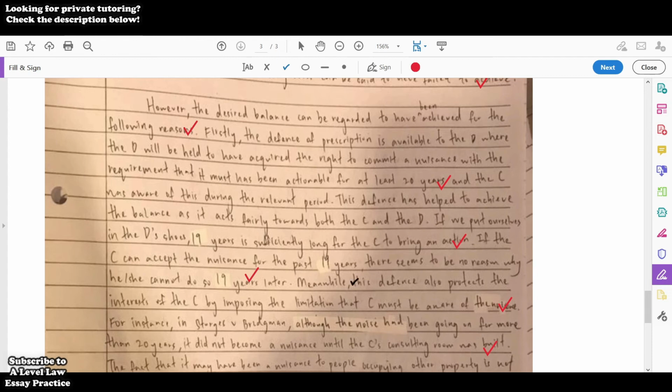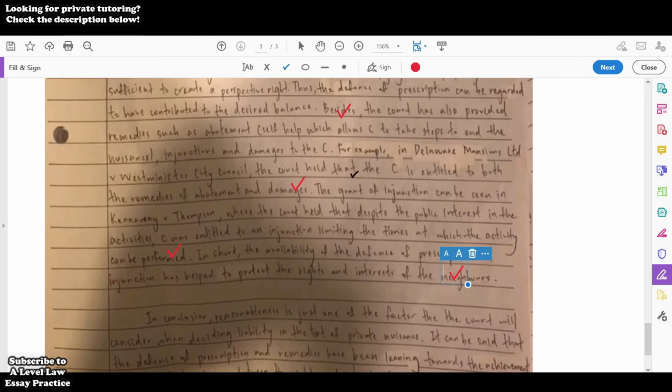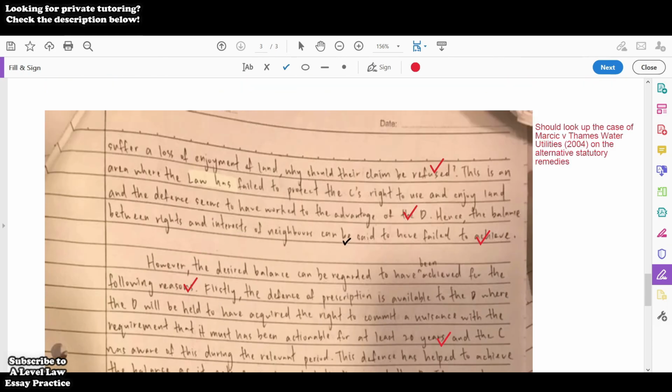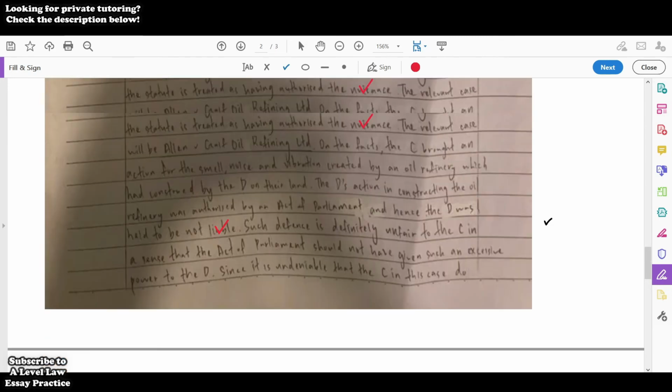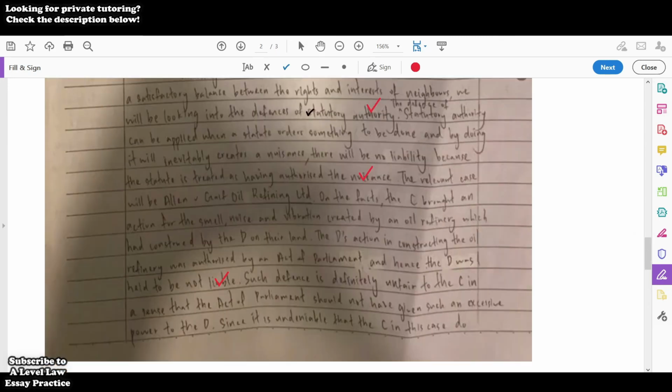I'm not saying that what you've done here is wrong, but it's something to think about.